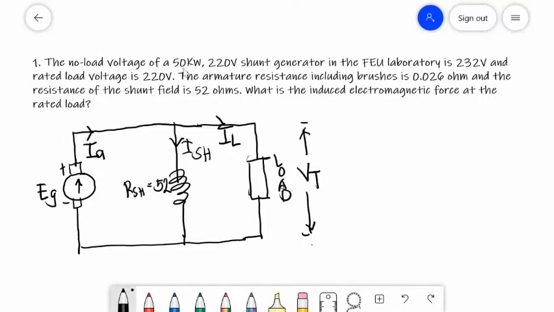The load power is equal to 50 kilowatt, and it has a terminal rated voltage of 220 volts.